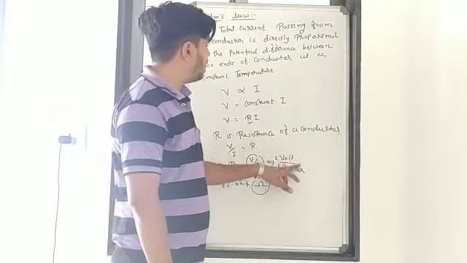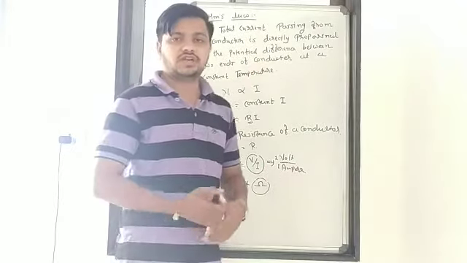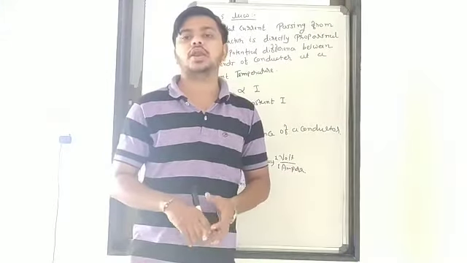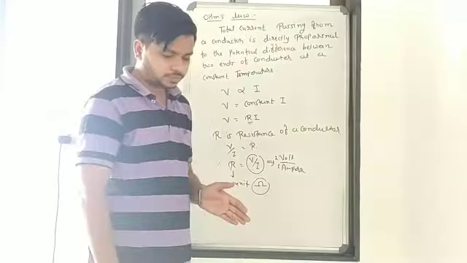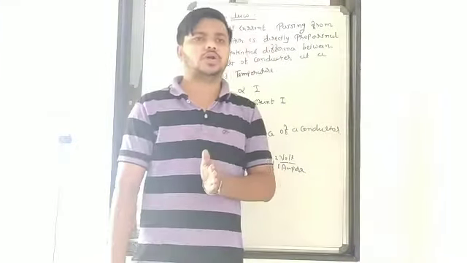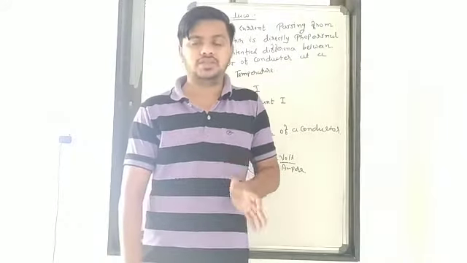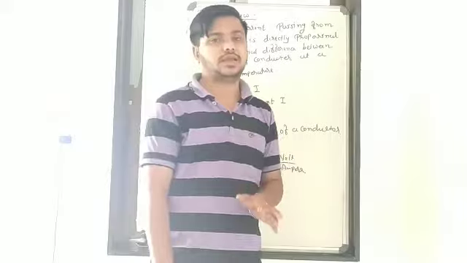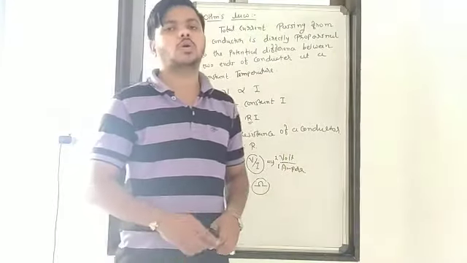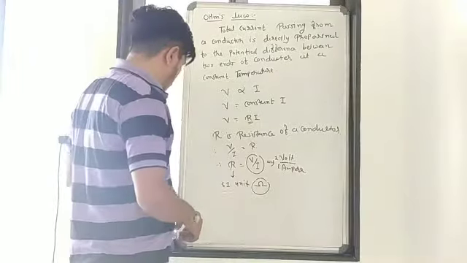If you put 1 ampere as the current and 1 volt as the potential difference, you get the resistance, which is 1 ohm. So here it is Ohm's law.